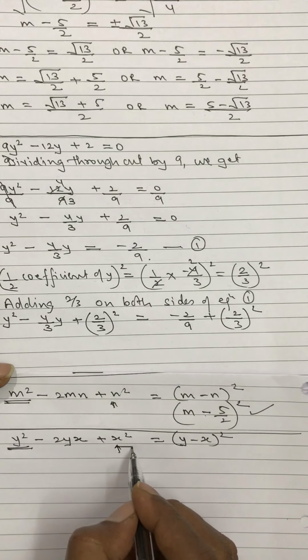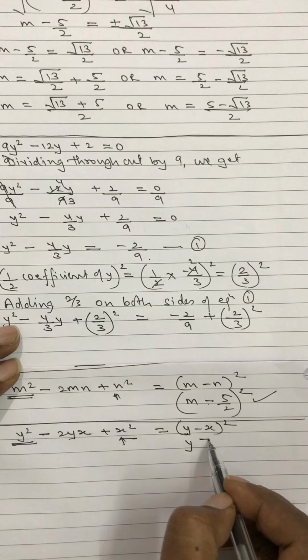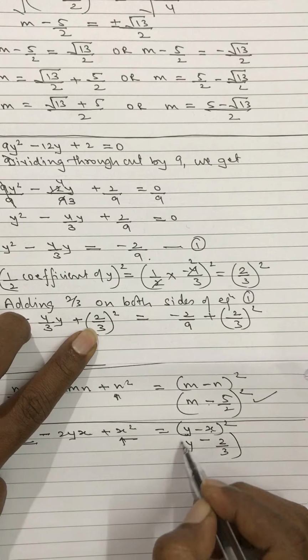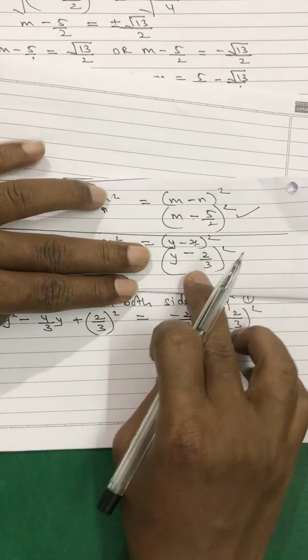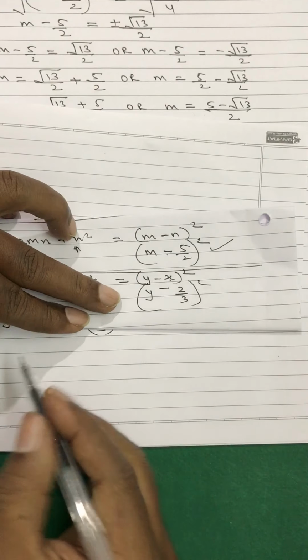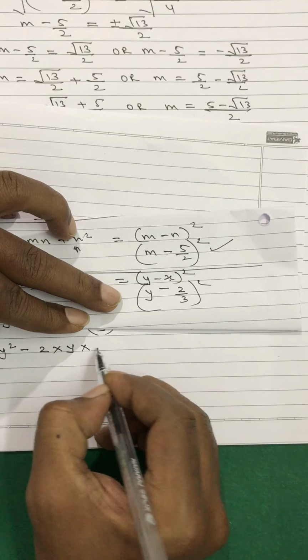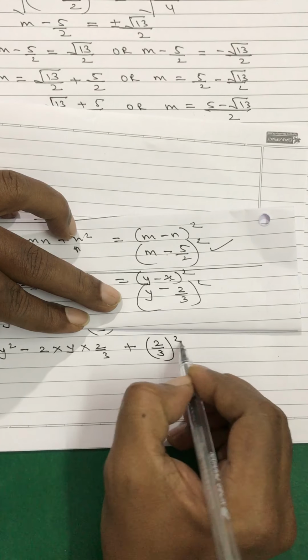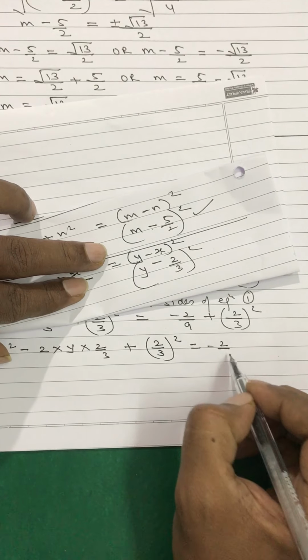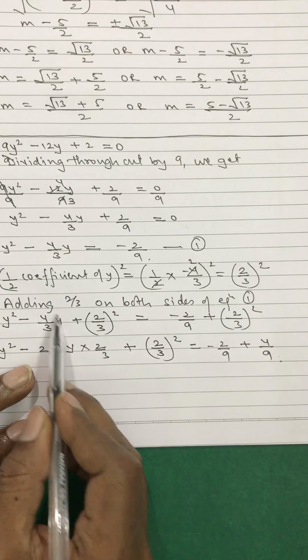Now my equation is framed. So my y is what? Y minus, and my x is 2 upon 3, and this I will expand and write over here. If I expand this, it will become y square minus 2 into y into 2 upon 3 plus 2 upon 3 the whole square. Now this I will have to solve, minus 2 upon 9 plus 4 upon 9. Now this if I see, 2 2s are 4 upon 3y, right?